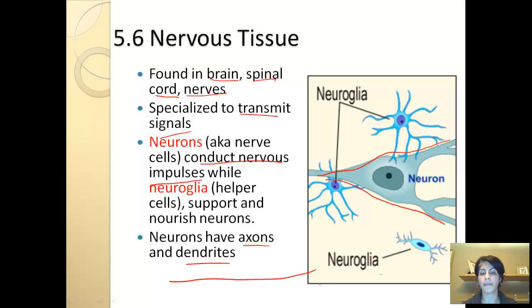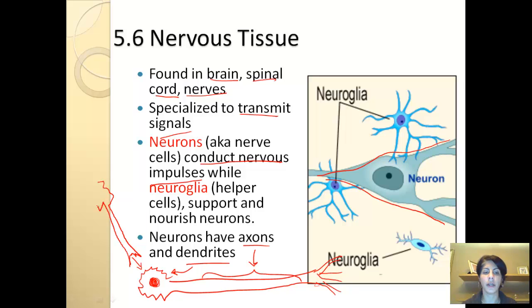The shape of a neuron is really, really long. The cell body, generally speaking, and it has a very, very long axon. And dendrites are the places where the nerve impulse is transmitted.